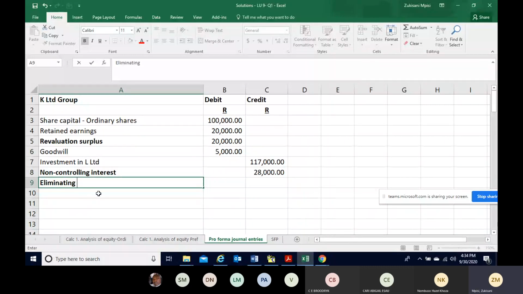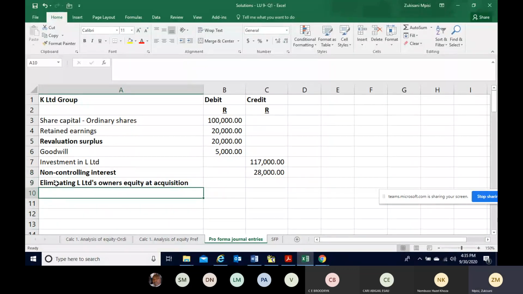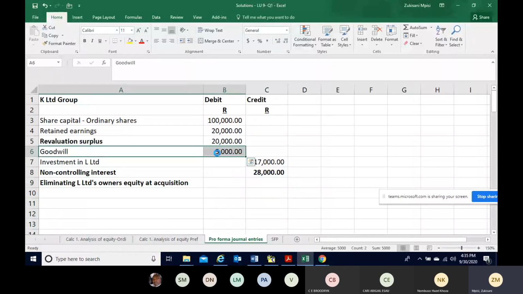Now, remember, why we are doing this is because we are eliminating LLTD's owner's equity at acquisition. So that's basically the reason for this journal entry. There's two things that I want to keep highlighting.